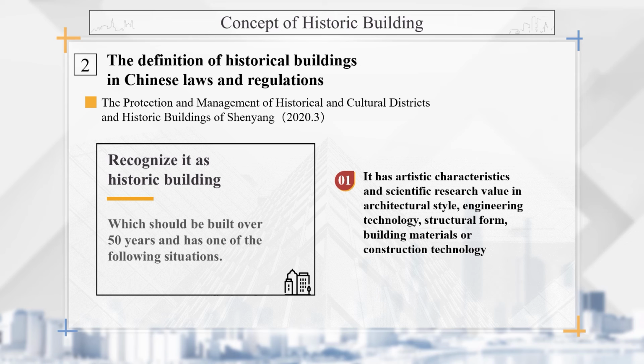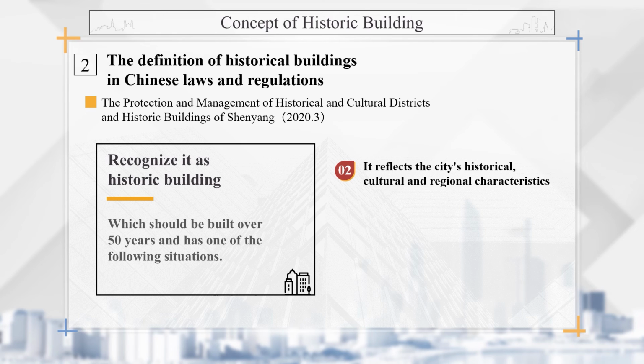The first is that it has artistic characteristics and scientific research value in architectural style, engineering technology, structural form, building materials, or construction technology. The second is that it reflects the city's historical, cultural, and regional characteristics.